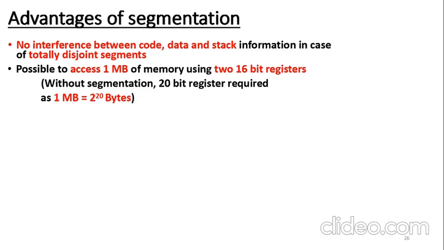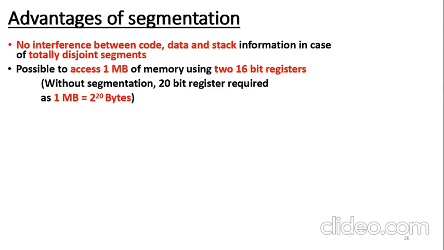Then second advantage here, because of segmentation, it is possible to access 1 megabyte of memory using two 16-bit registers, that involves one segment register and its corresponding offset. Without segmentation, 20 bits of register would have been required because 1 megabyte is equal to 2 raised to 20 bytes.